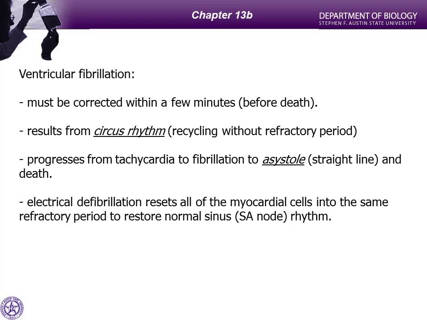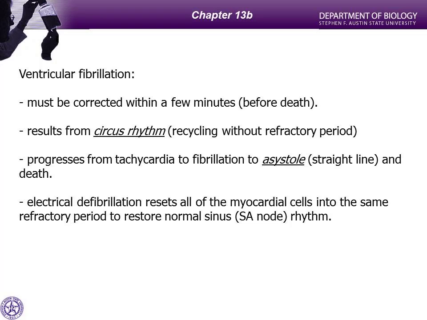And the way this works, think about our SA node. How does our SA node understand when to start another beat? When the electrical potential is hyperpolarized. Remember that voltage?